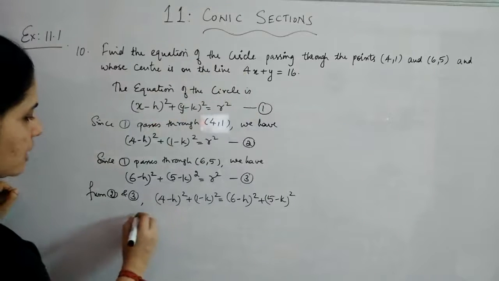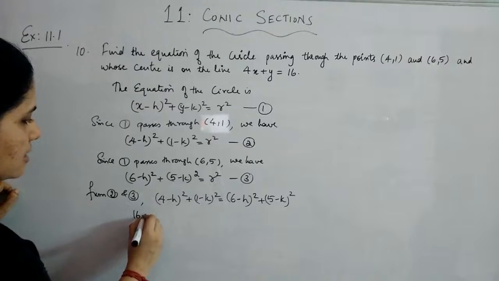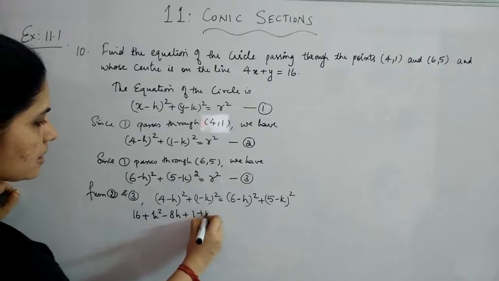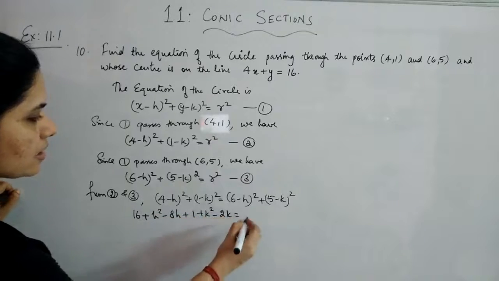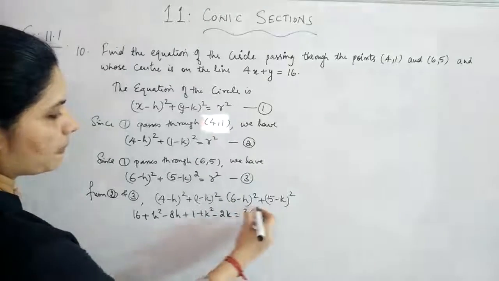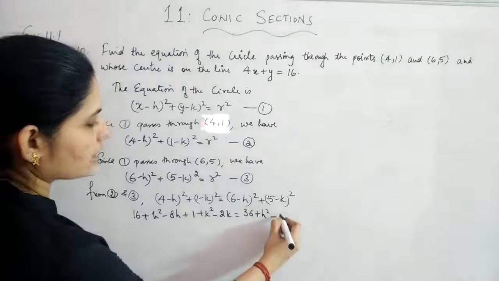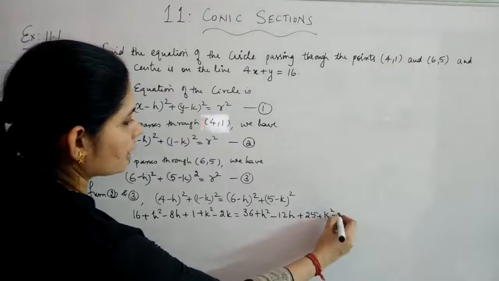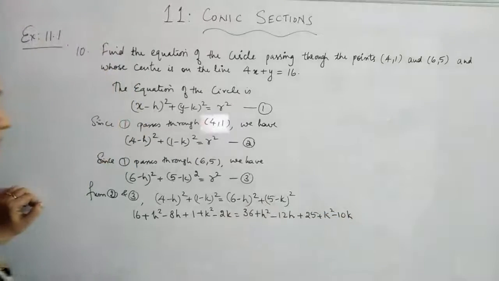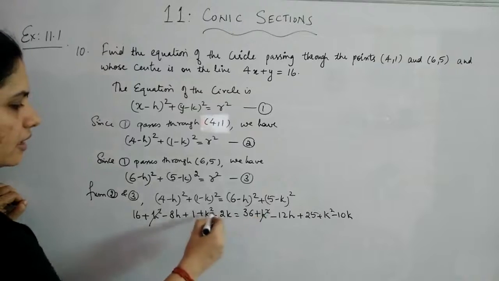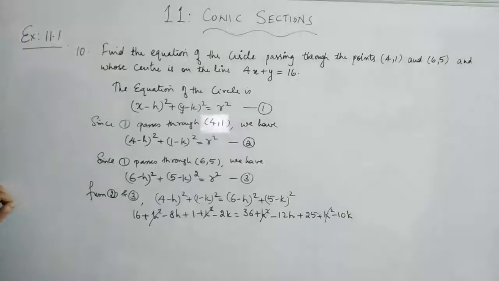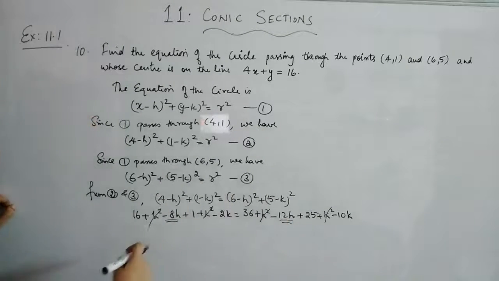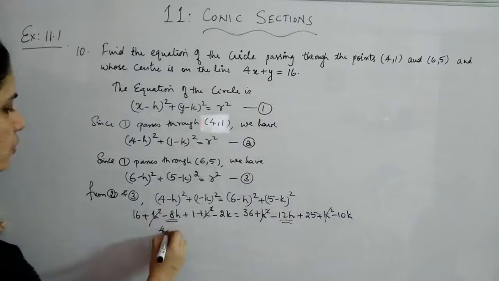Okay, so here you will get 4 square 16 plus h square minus 8h plus 1 plus k square minus 2k is equal to 36 plus h square minus 12h plus 25 plus k square minus 10k. So that you can cancel h square, k square from both the sides. Now you just see this is minus 8h and minus 12h comes here as 12h, so that you will get 4h.